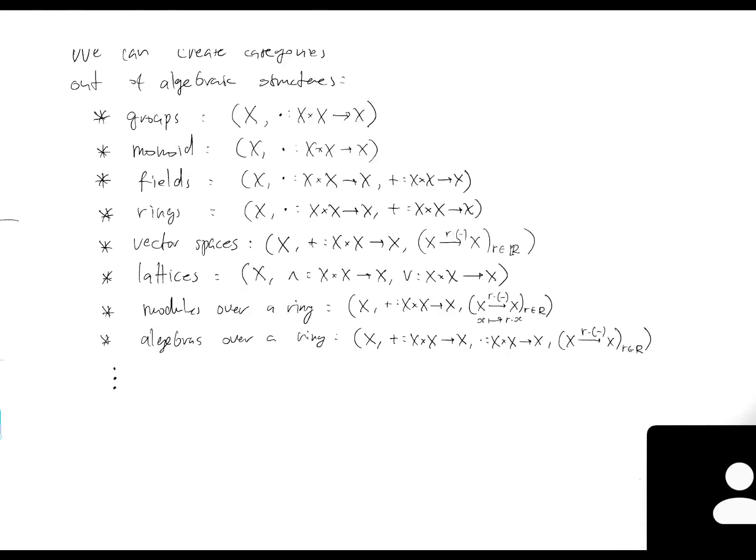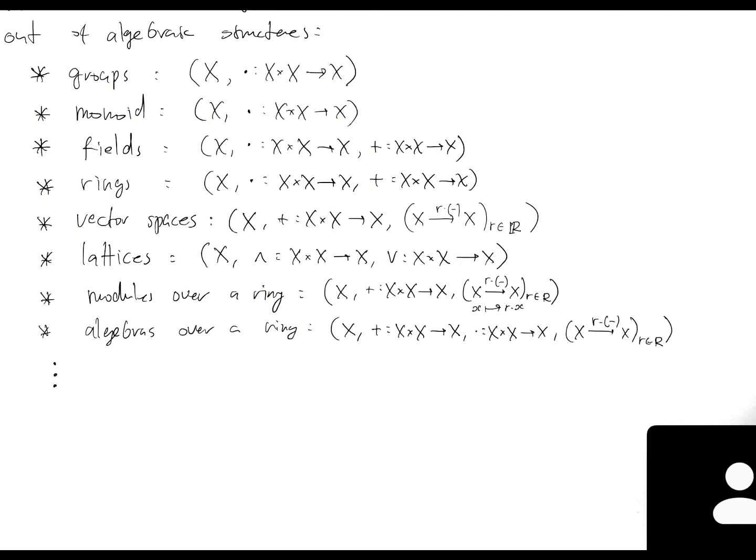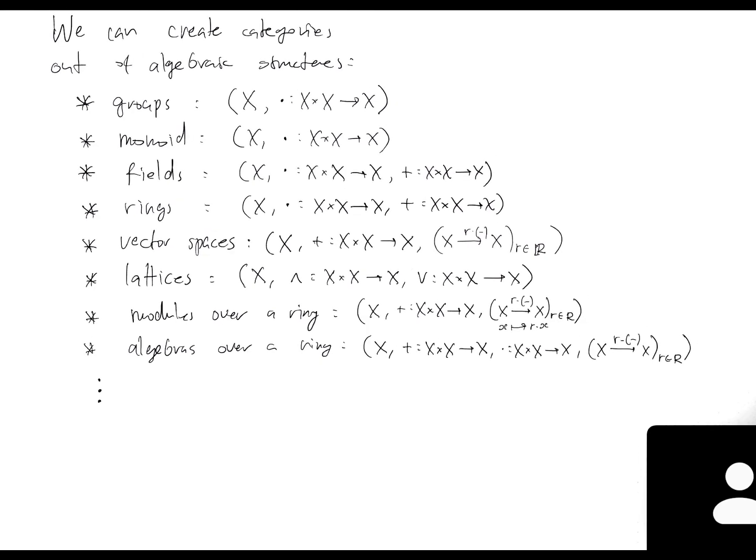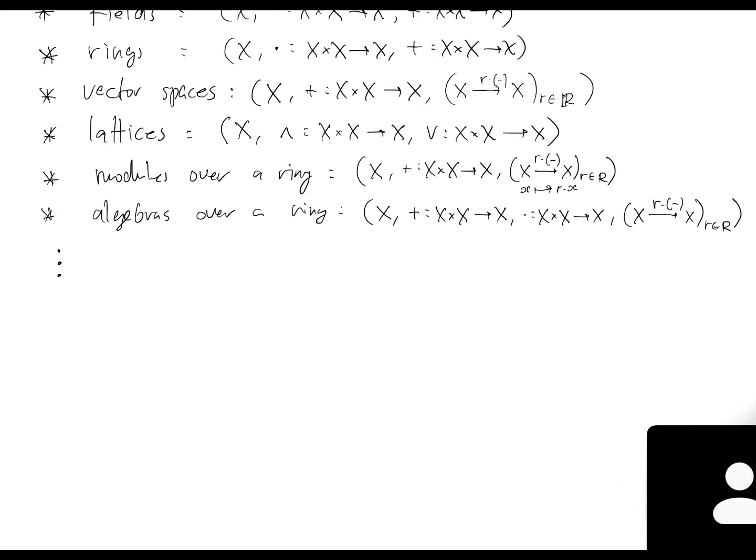So you see, in these examples and in many other examples of algebraic structures, the structure is given by data consisting of a set and a bunch of operations defined on it, where an operation is a map from some Cartesian power to that set. So let me write this down. A common feature of algebraic structures.